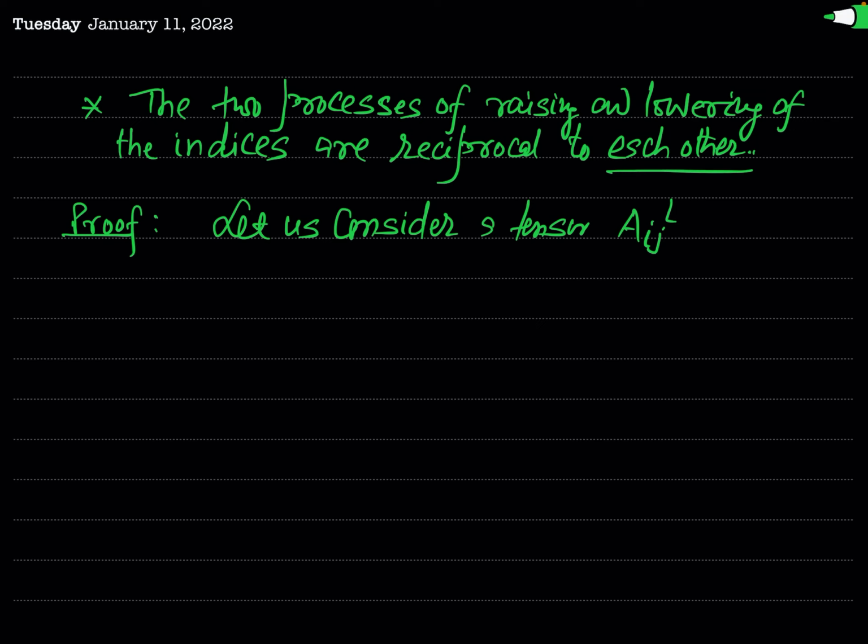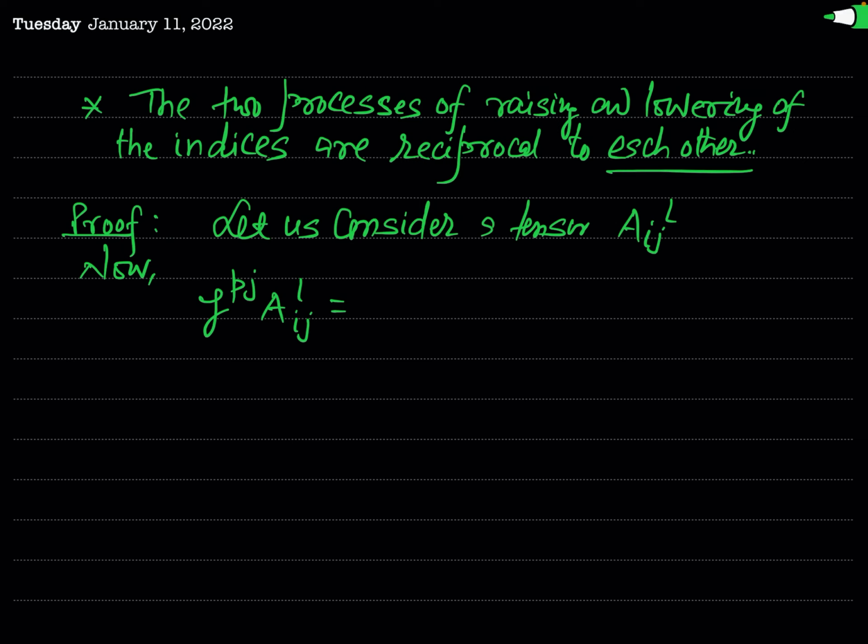Now, first of all, let us raise the index j by taking the inner product with the contravariant fundamental tensor, let us say g super pj. So now we take the inner product of the fundamental tensor g super pj with this given tensor A sub ij super L. And what will be the result?